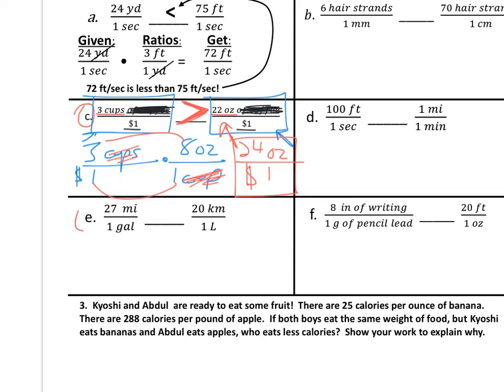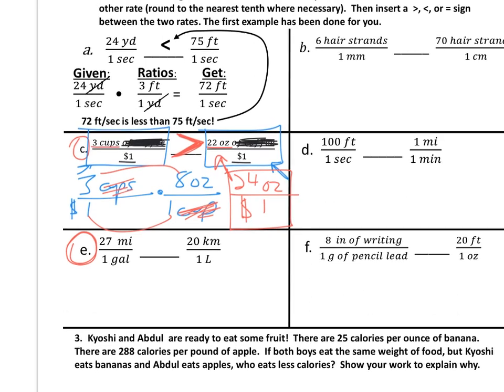Example E is a good real-life example because in the US we use miles per gallon, but everywhere else in the world they use kilometers and liters. So let's figure out which one of these is bigger. Well, if I look up at the top of the screen, I can see that 1 kilometer equals 0.62 miles.